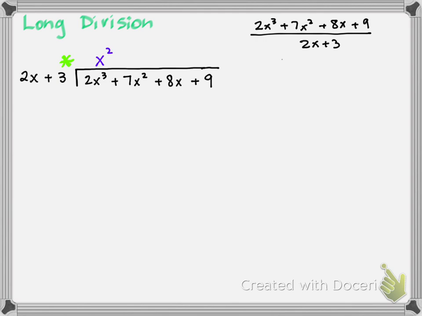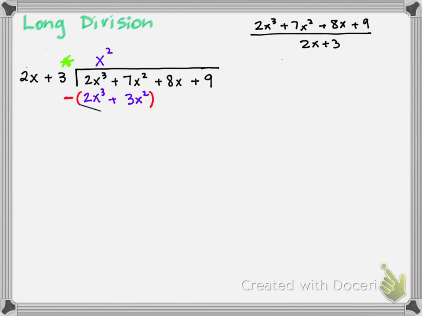So I'm going to take x squared, now multiply both of those terms to get 2x cubed plus 3x squared. I'm going to erase that multiplication so you don't get too confused. But we're going to minus the whole thing.